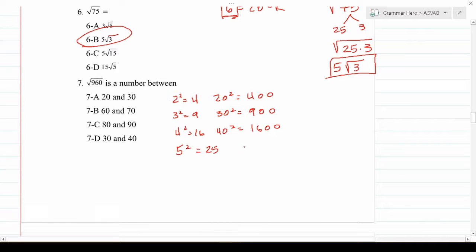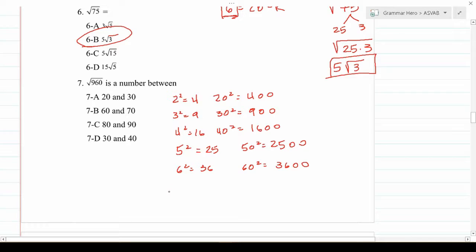5 squared equals 25. 50 squared equals 2500. 6 squared equals 36. 60 squared equals 3600.